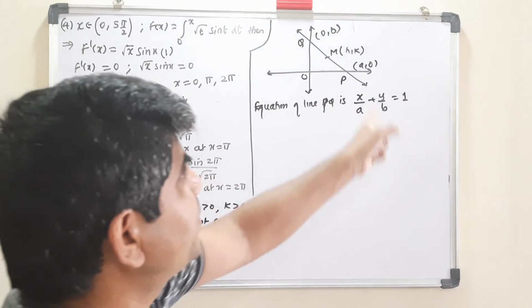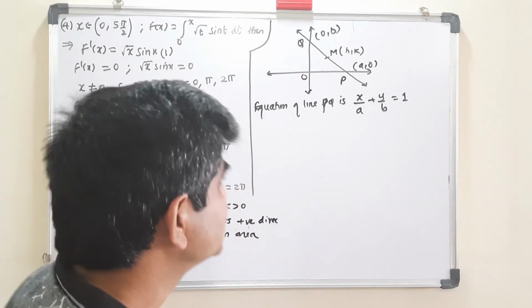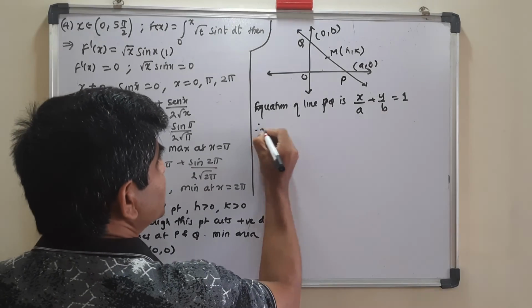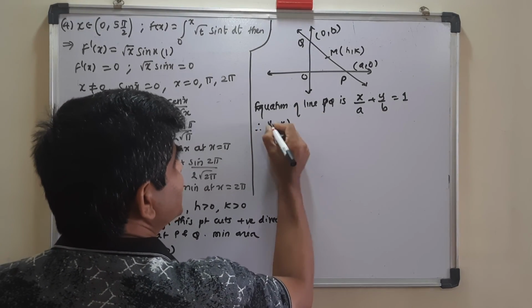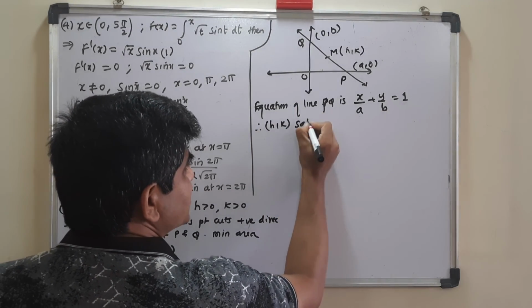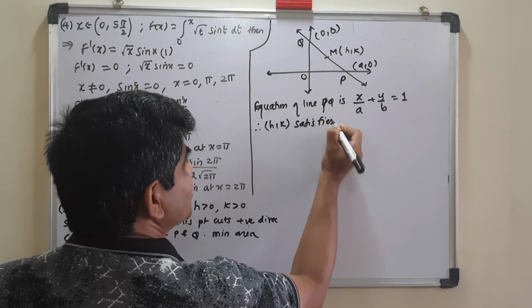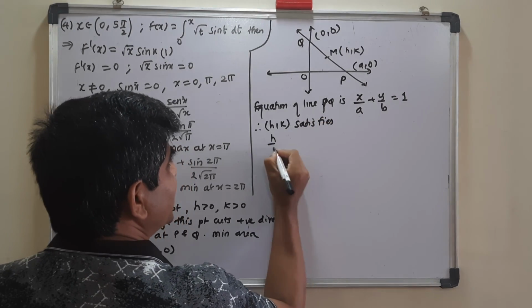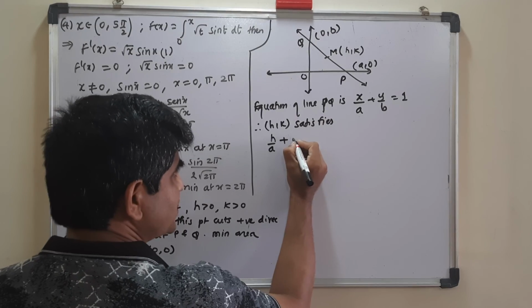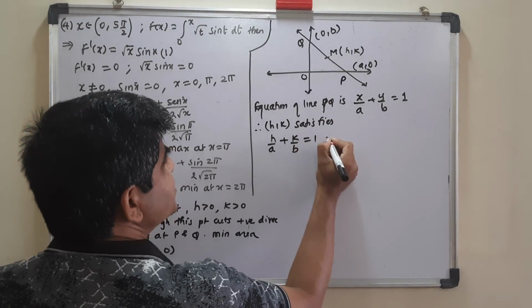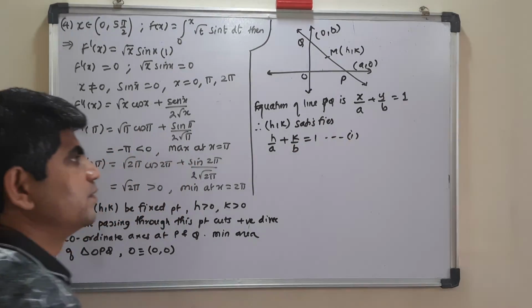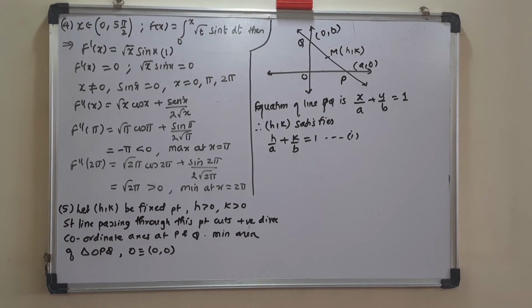Now this line passes through h comma k, so therefore h comma k will satisfy this equation, right? So I will get h by a plus k by b is equal to 1.